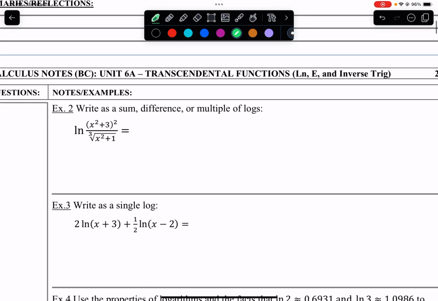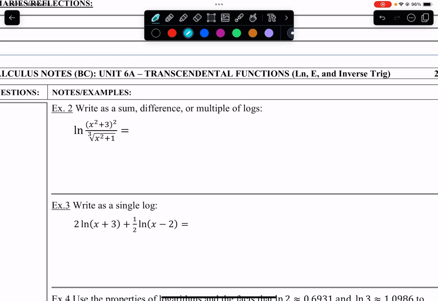So let's go ahead and practice these properties. We're going to rewrite as a sum, difference, or multiple of logs on these. So we're trying to do a little bit of a rewrite. I noticed that division is here, so I'm going to rewrite using subtraction.